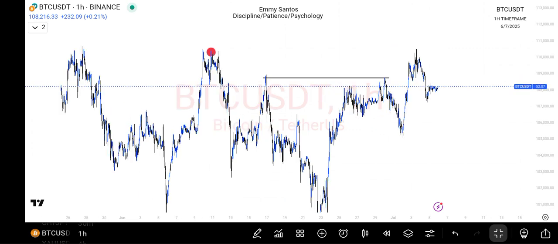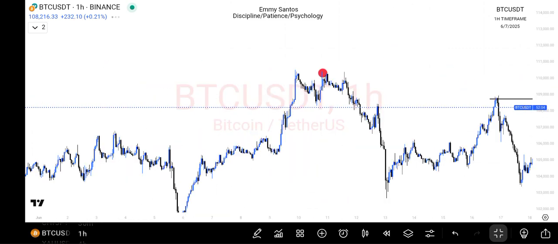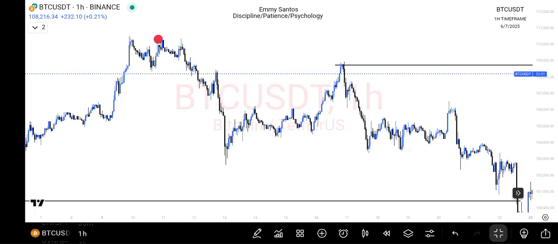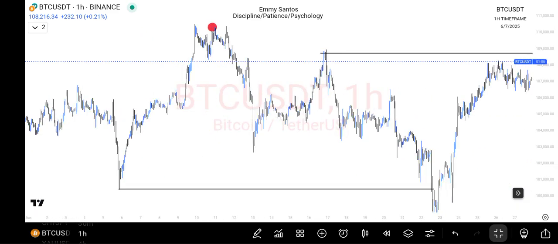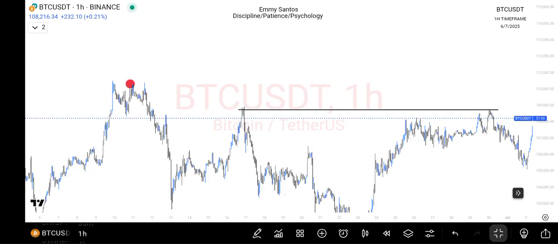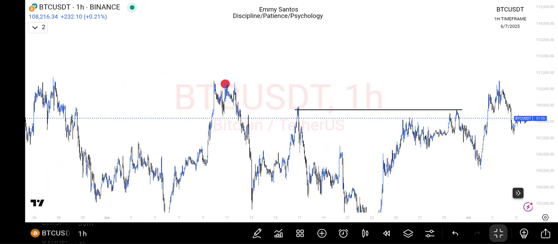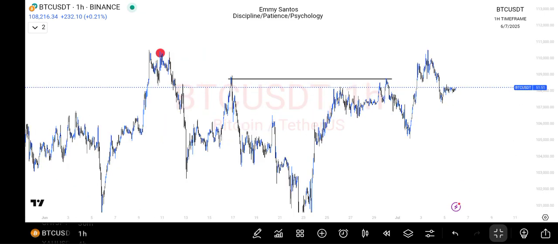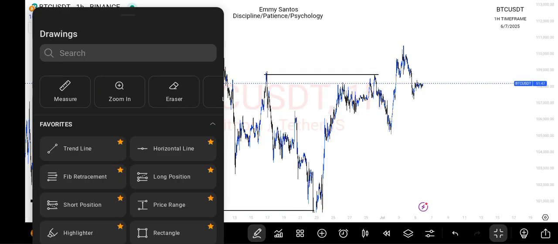As for marking my point of interest, I don't just mark it randomly. I'll come down here and look for a good point of interest, which is this point here.